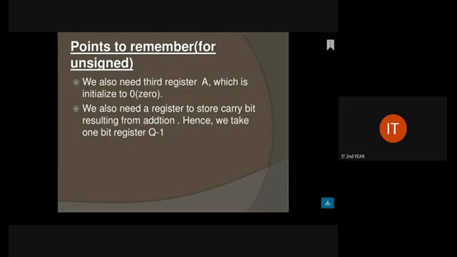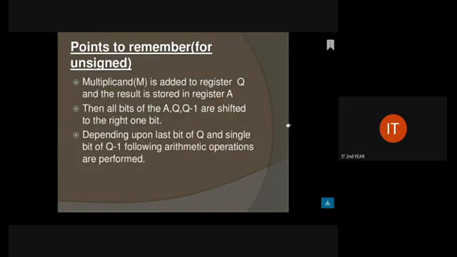We also need a register to store the carry bit resulting from addition. However, we can take one bit of register Q minus 1. This is a very important point that we will see while dealing with the sample examples. Following that, we need the multiplicand, which we name M. M is added to the register Q, and the result is stored in the register A, the accumulator register.